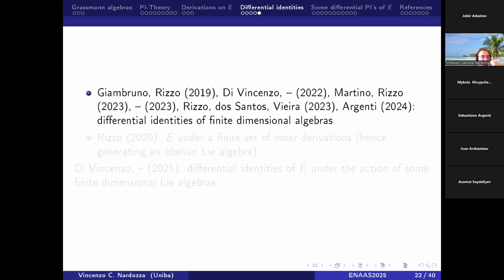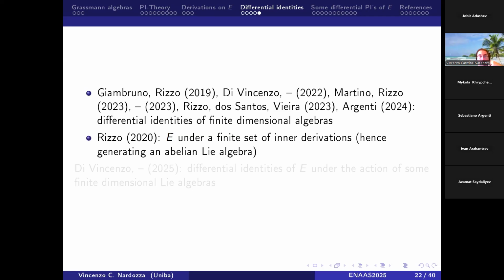Starting from 2019, there was a sequence of papers studying the differential polynomial identities of concrete algebras, which were finite dimensional algebras. I named some of them.